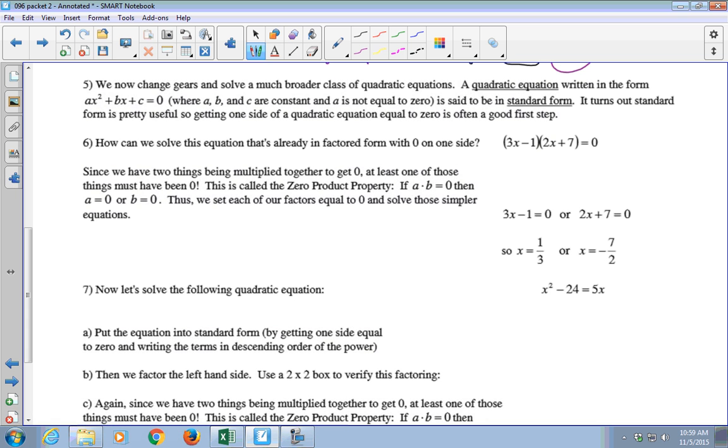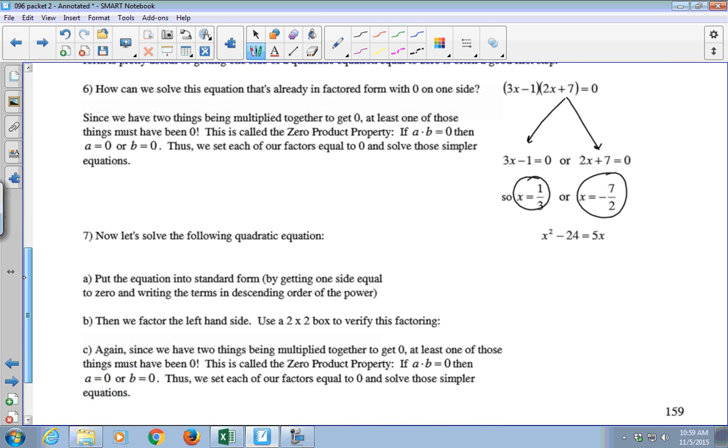Factor the other side, and then you're multiplying two things together, and the answer is 0. That means either one or both of your factors has to be 0. So you go from having one equation where you have two things multiplied equaling 0, and that splits up into two separate equations because we know one of those factors has to be 0, at least one of them. So then you solve the two equations separately, and you get 1/3 and -7/2.